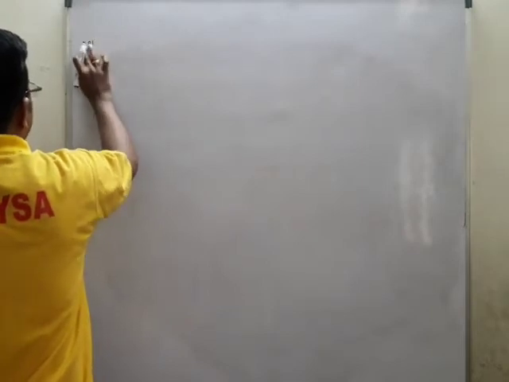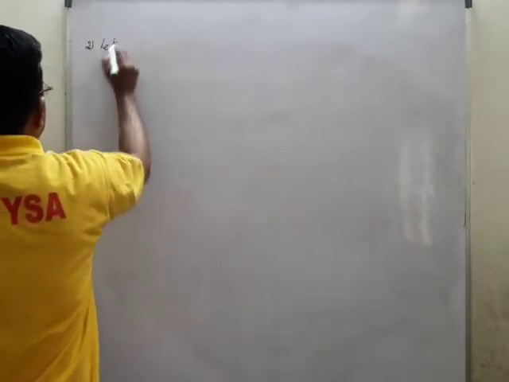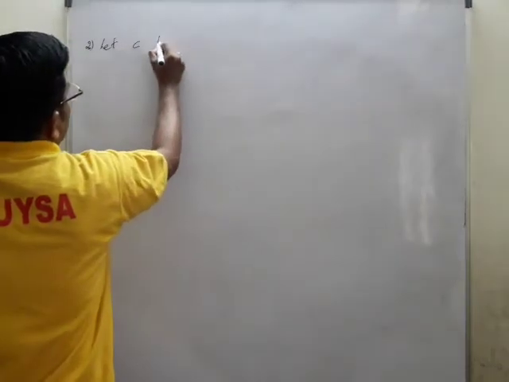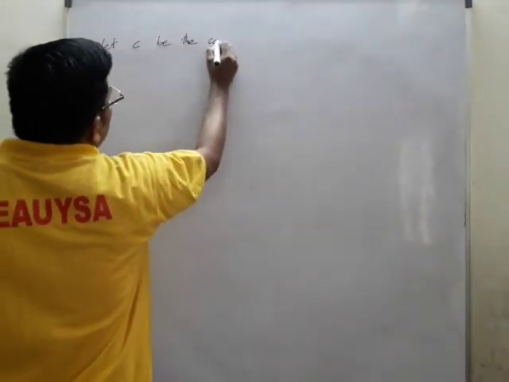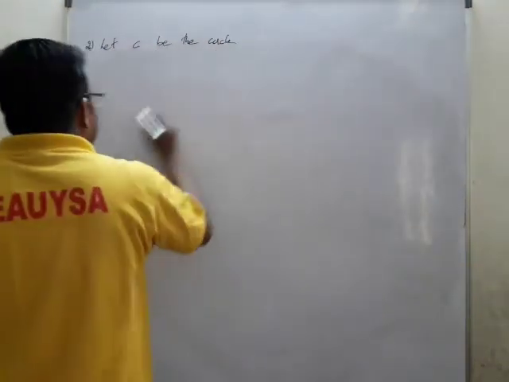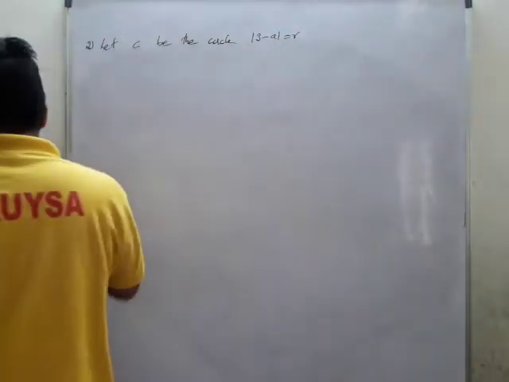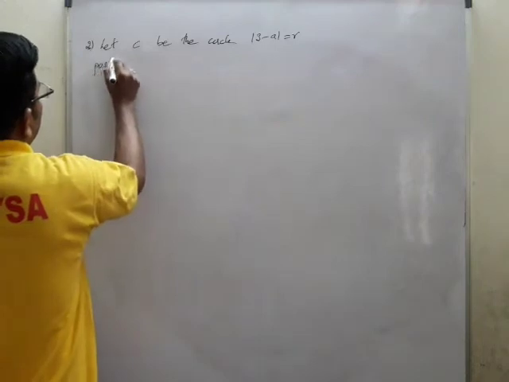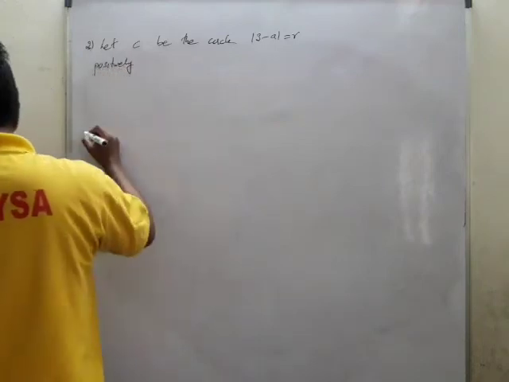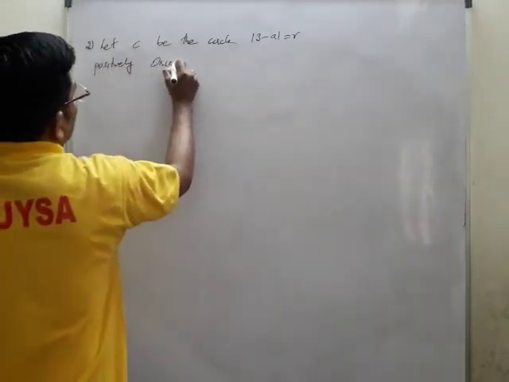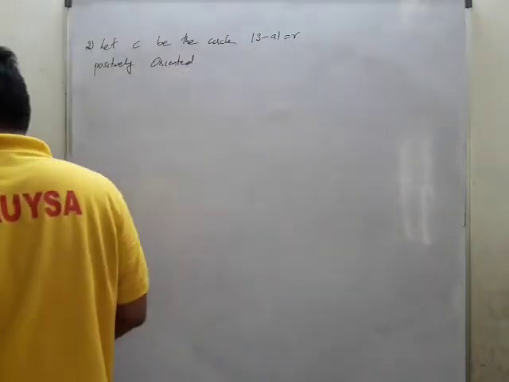Second one. Let C be the circle with mod z minus a is equal to r, positively oriented, meaning in anti-clockwise direction.